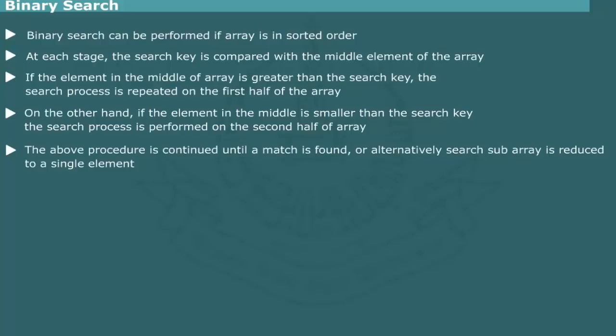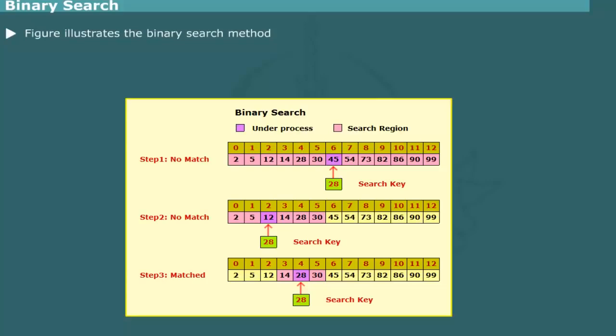This process is continued until either a match is found or the search area shrinks to zero size. Note that at each step, the array to be searched is reduced by half. The figure illustrates the binary search method.